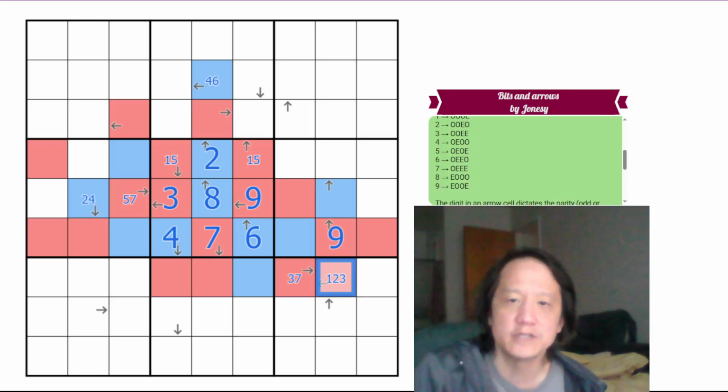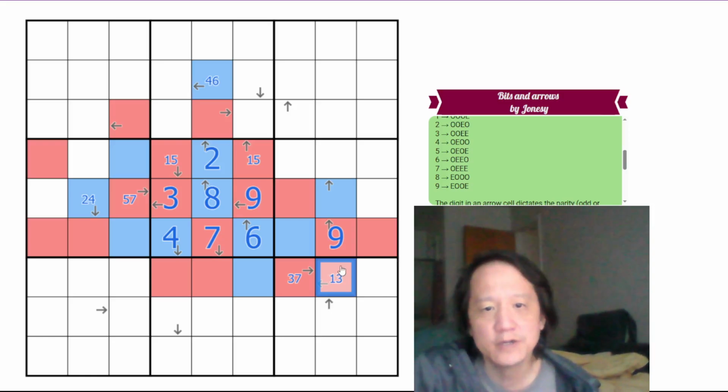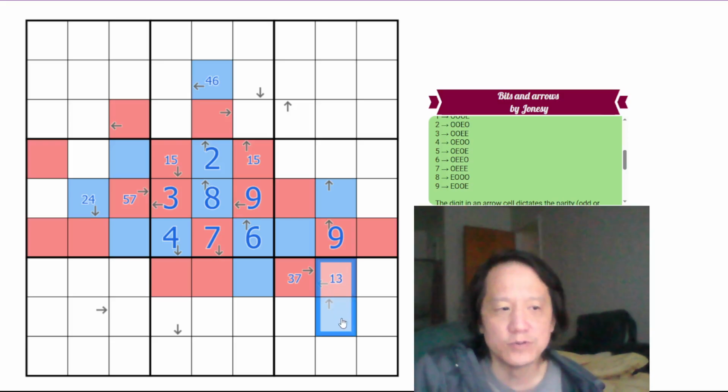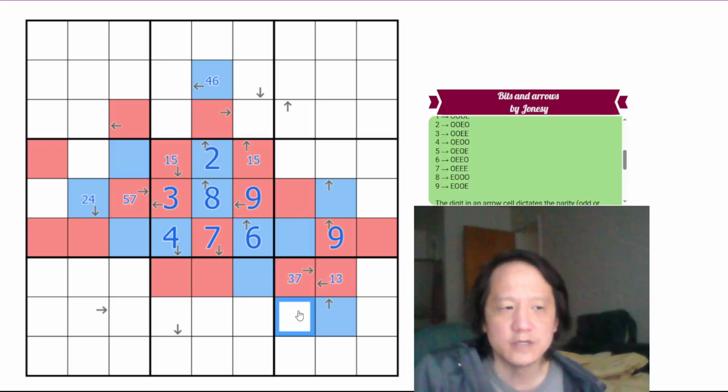So this is an odd digit. It's 1 or 3. So we have, this is odd, odd, and this must be even because the evenness gives you the 1 bit turned on here. And we don't know this. This has to have, this is an even number. So that means the 1 bit is turned off here. So this is odd.